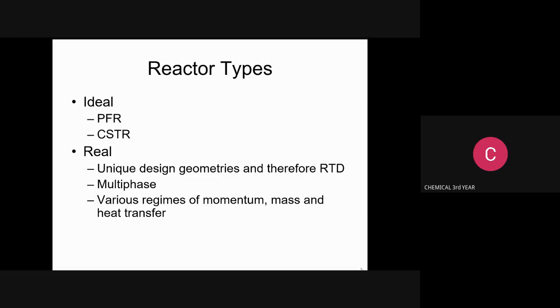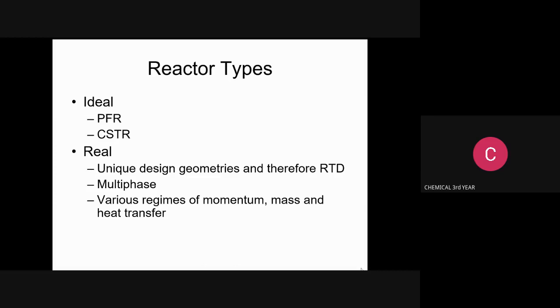In ideal, we have two types. One is PFR, which means plug flow reactor, and the second type is CSTR. CSTR has a simple technique in the name. C means continuously, a process running continuously. S means stirred, a stirred equipment is used.